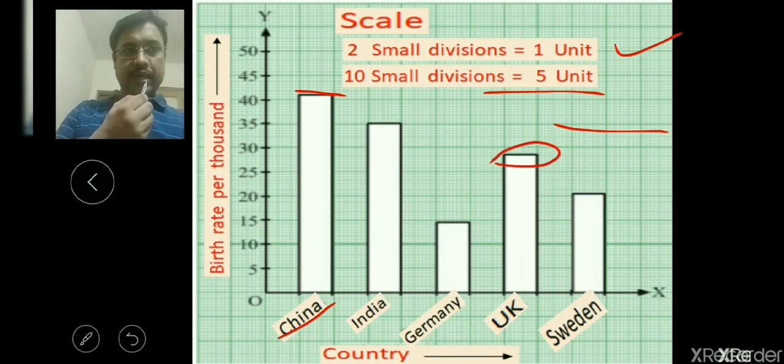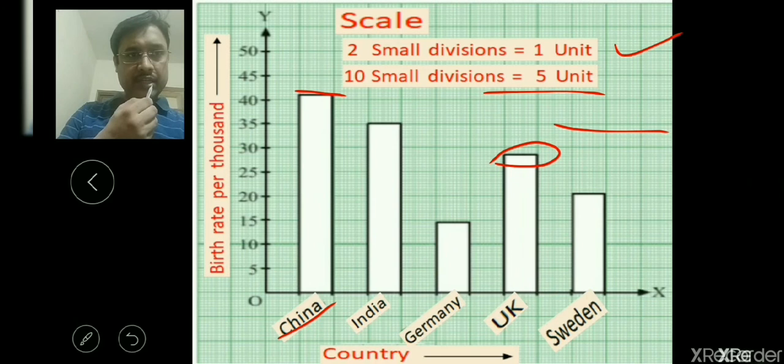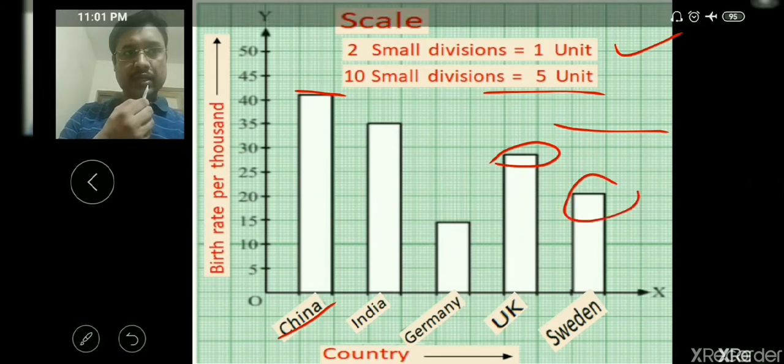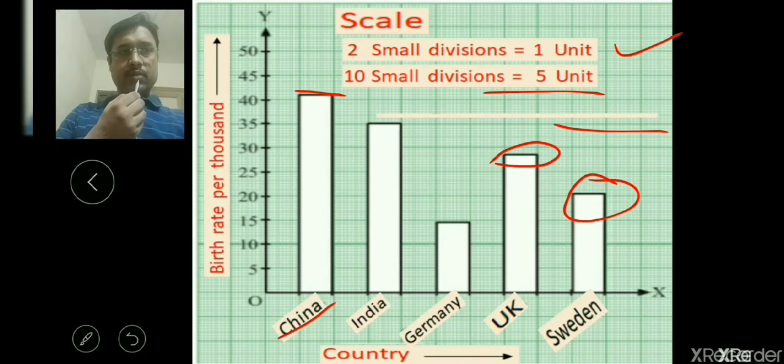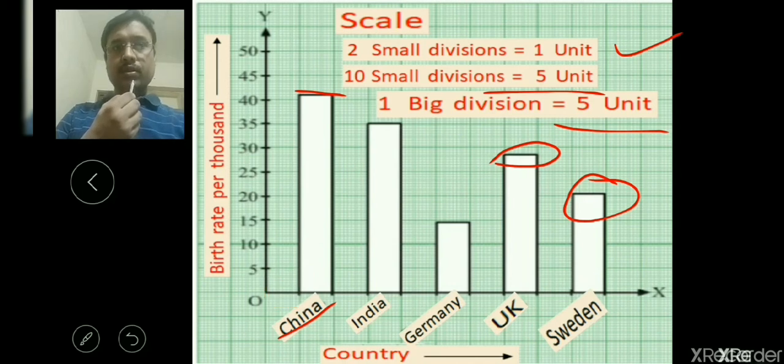Sweden is shown here as 21, one small division above 20. One big division is 5 units only, because it equals 10 small divisions. That is the one big square, you can see it like this.